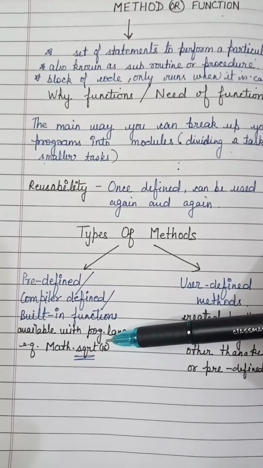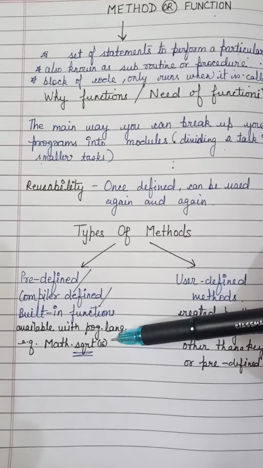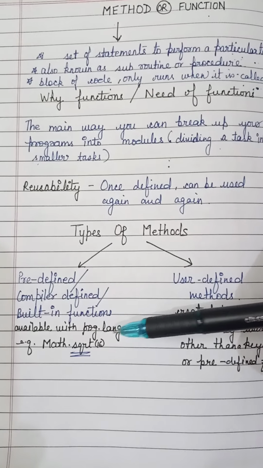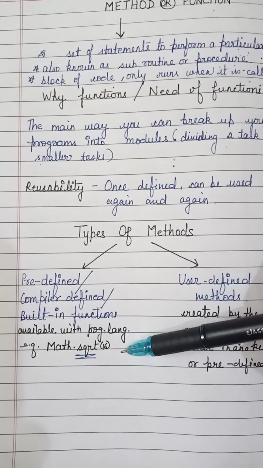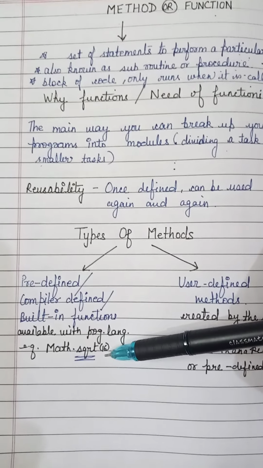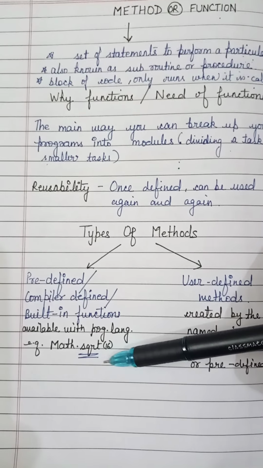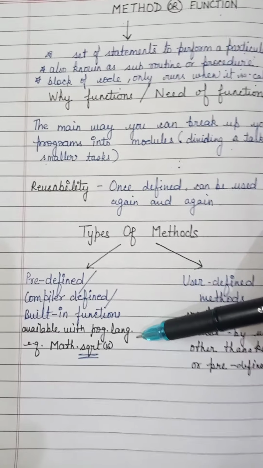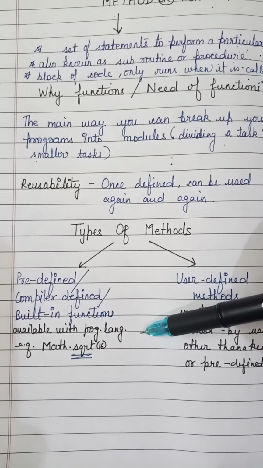All these are predefined methods. You have not written them, but you can use them. They are provided with the language, and you need to call them only, using this format. Similarly Math.pow, and so many other functions are predefined, or built-in functions.